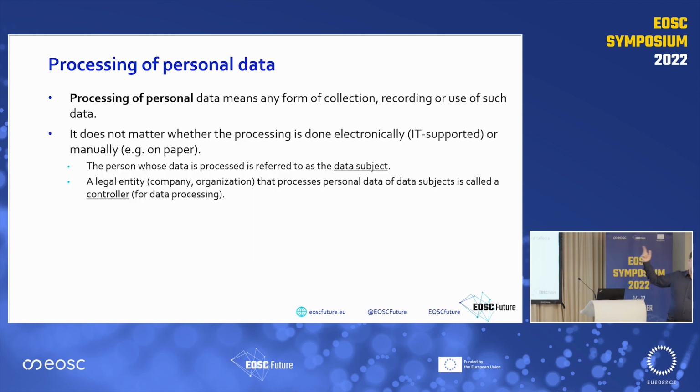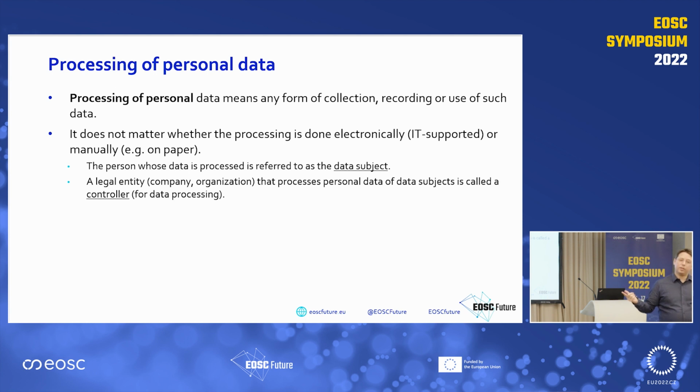GDPR is about processing of personal data. What does processing mean? Processing means any form of collection, recording, and use. So even just collecting data or being able to access data is already some form of processing. Say I have a list of all of you who attend this session: as long as I get access to this information and can read this list, this is already considered processing.